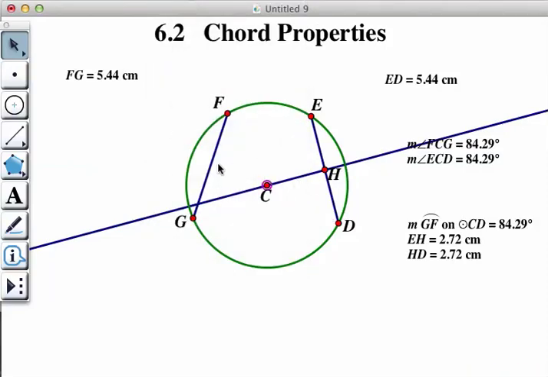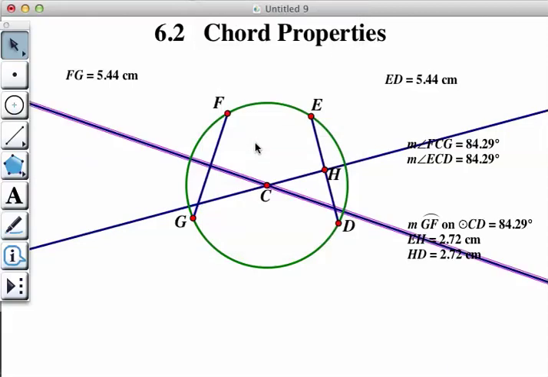And let's construct a perpendicular to this other chord. So by what we just learned, this perpendicular line bisects FG. Let me clean it up a little bit. I'm not worried about the entire line now.